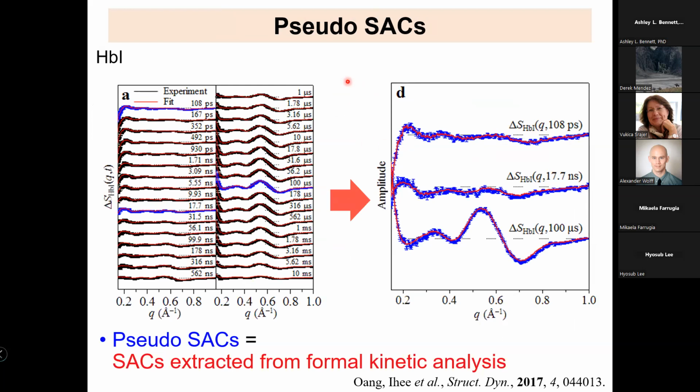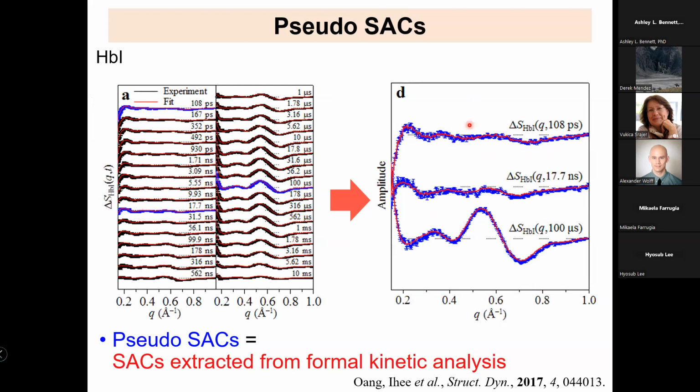This slide shows another example of application of SAPA. Here, the SAPA method is applied to the TRXL data for homodimeric hemoglobin. In this case, we determined three stationary time zones, and the data corresponding to them are regarded as the SOCs.